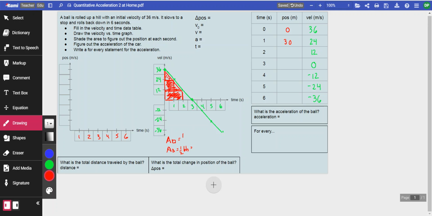So the area of a rectangle is still base times height. The base of this rectangle is 2, and the height is 12 for 24. And this triangle, well, the base is 2, the height is 24. 1/2 of 2 times 24 is 24. So the total area, 24 and 24, is 48.